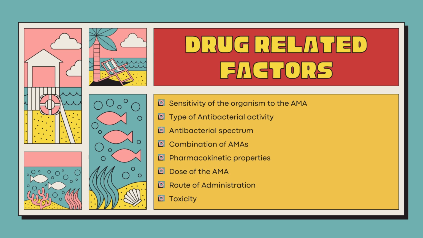And antimicrobial agents should have a wide chemotherapeutic index, which is the ratio of the median lethal dose to the median effective dose of a chemotherapeutic agent. The wider the ratio, the safer the antimicrobial agent is, similar to the therapeutic index of other drugs.